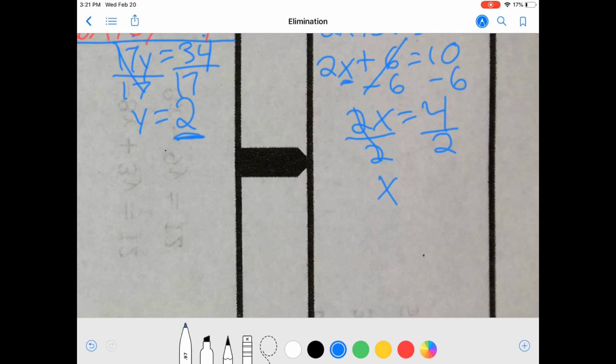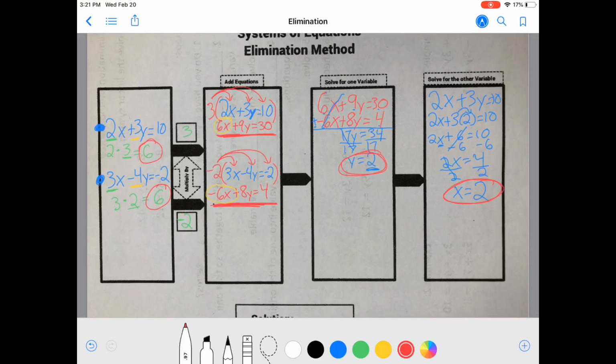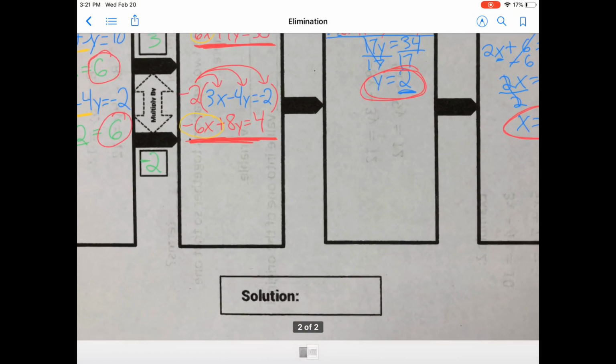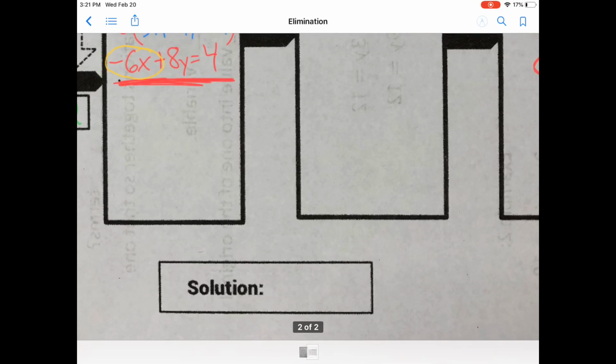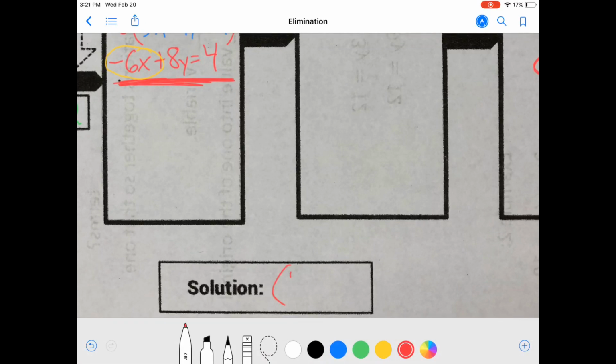And I've got x equals 2. So my solutions are coming from this x equals 2 and this y equals 2. It's going to be really hard to see, but my solution is going to be 2, 2.